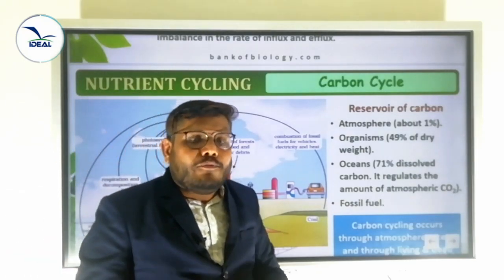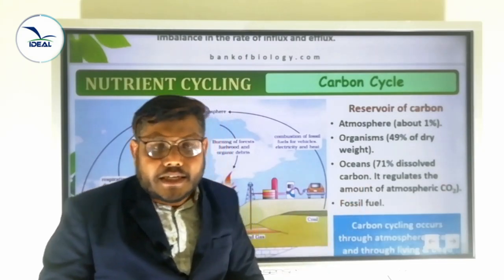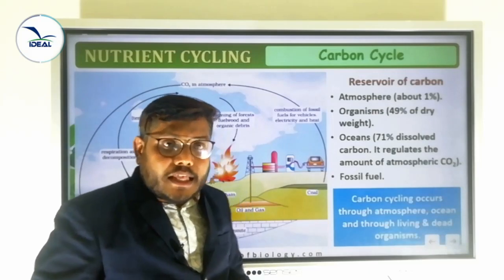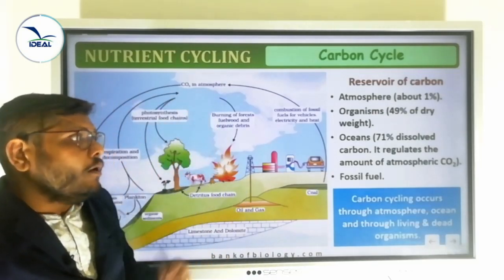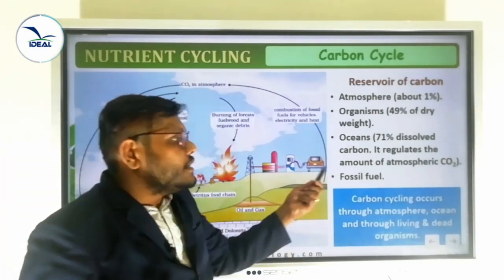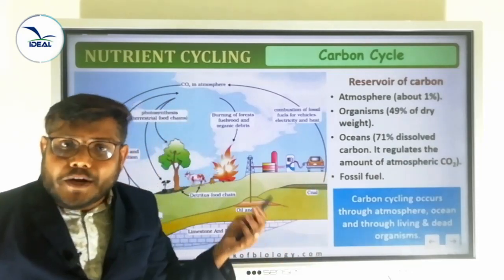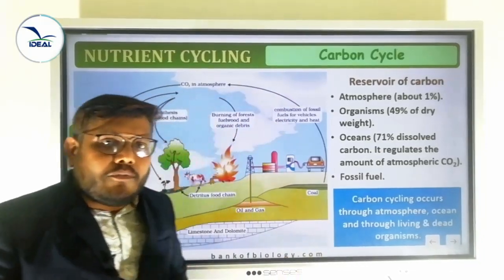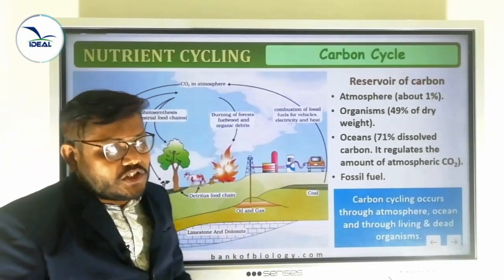We know that carbon exists in nature in four forms. One is free carbon dioxide in the atmosphere. Another is dissolved carbon in water. Then fossil fuel like coal and petrol. And another is carbonate and graphite. So these are the ways carbon exists in nature.